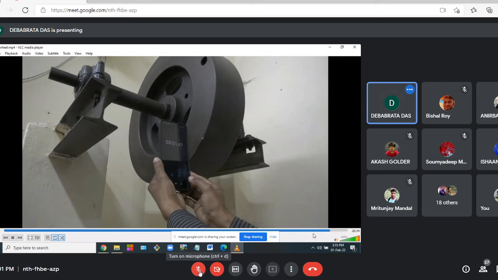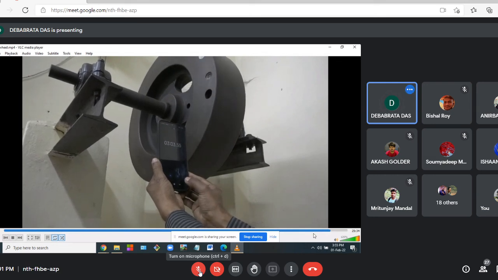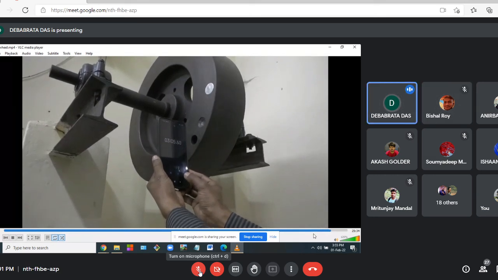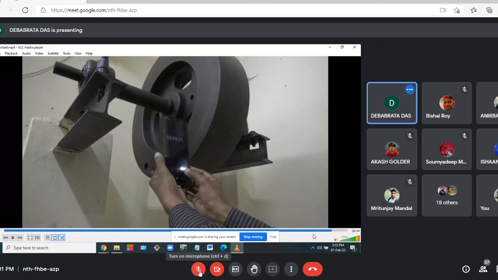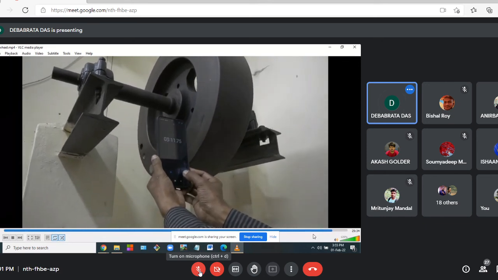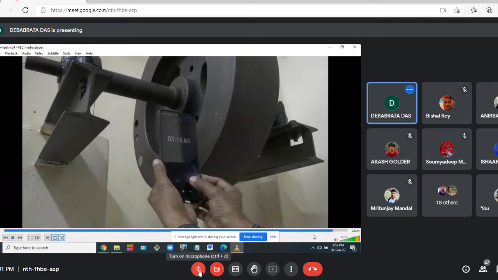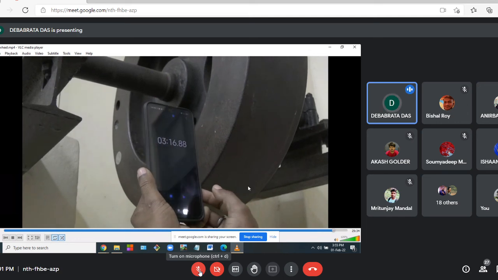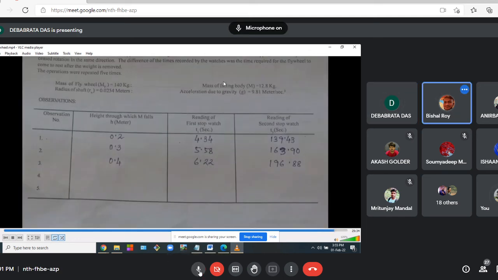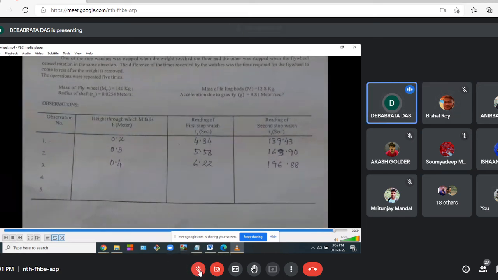It is moving in the clockwise direction. Then stop. Then what happens? It moves in the opposite direction, right?